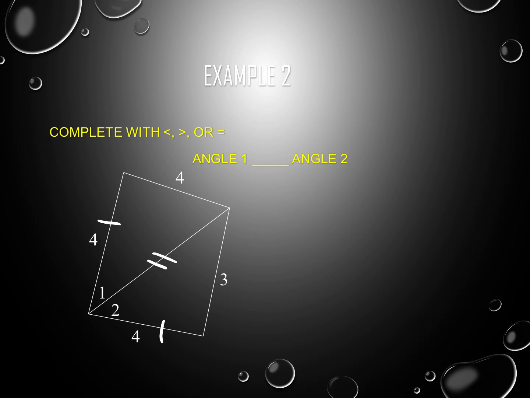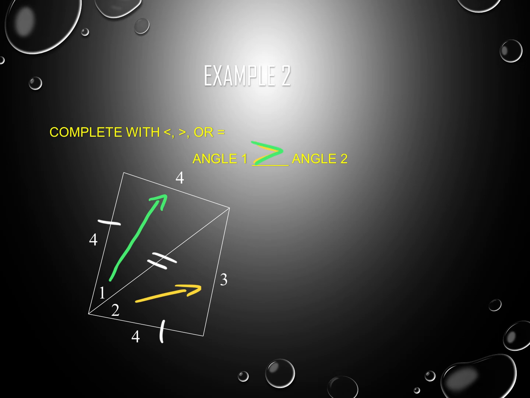So now I'm going to compare angle 1. He looks at the side across from him, and then angle 2 will look at its side across. So because 4 is the bigger side, this tells me that angle 1 is the larger angle. So angle 1 is greater than angle 2.